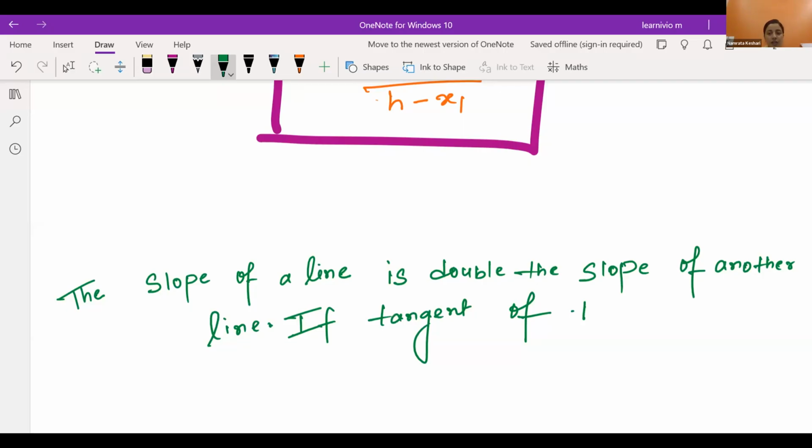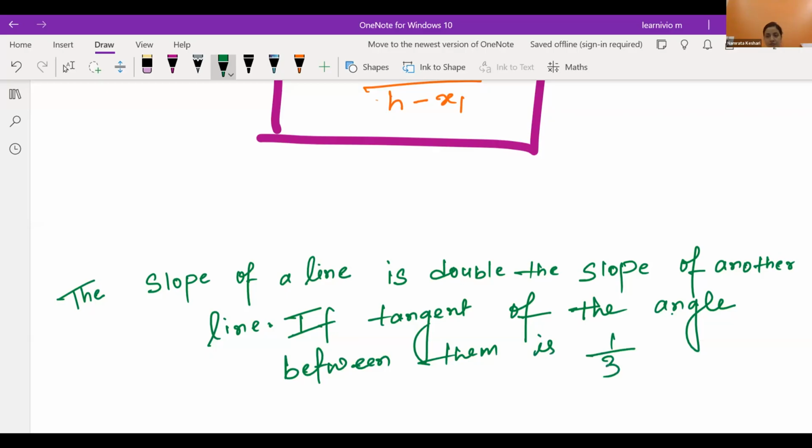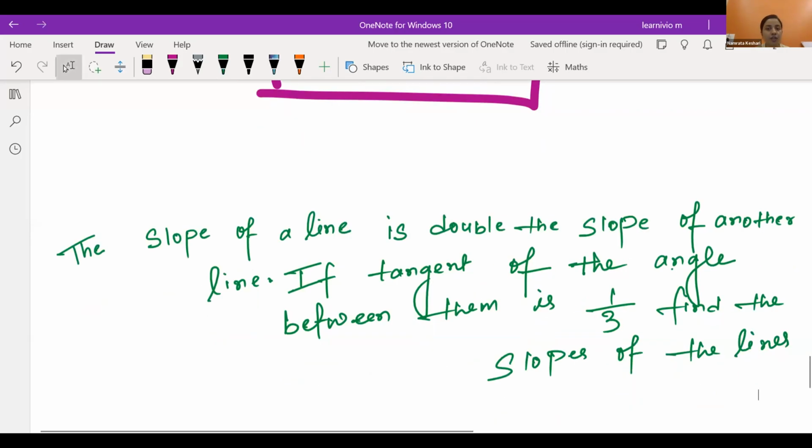Okay, this question I'm writing, but we'll be doing it after a discussion of one of the concepts. In today's class, we will cover this one. We'll do it, not now.